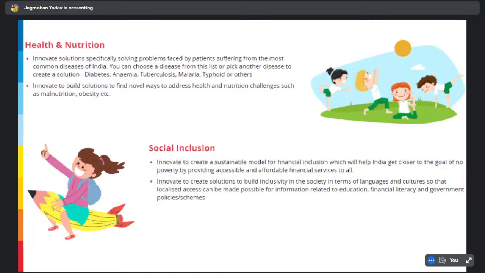So how can you make yourself healthy? All these are the problem statements given by ATL Marathon 2021. Using the design thinking approach, you can come up with excellent solutions for these kinds of problems. Now let us see about IBM Skills Build, which is offering this design thinking course to you.